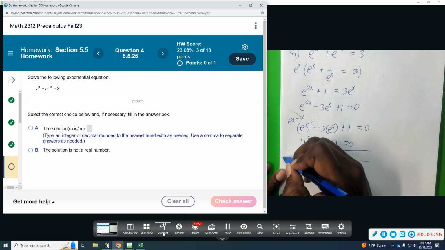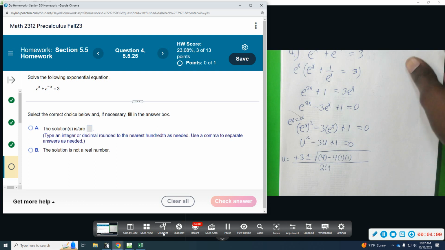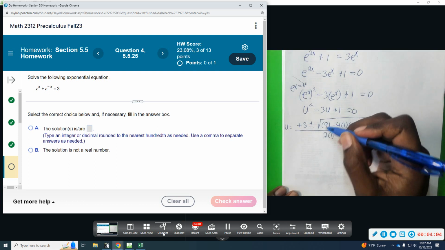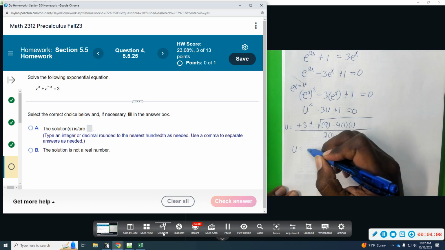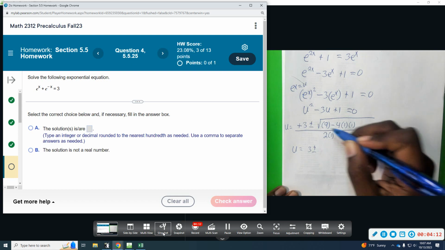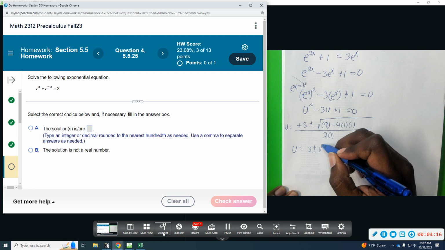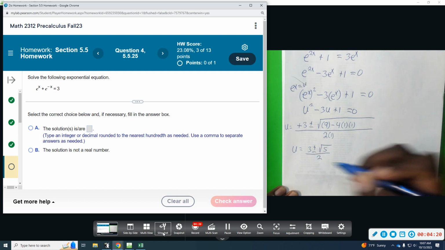So this is what we're writing, u equals this, because that's what we normally have, x. All right, so as we simplify, we'll get u equals 3 plus or minus, this will be 9 minus 4, so the square root of 5, all divided by 2. So we got two answers.